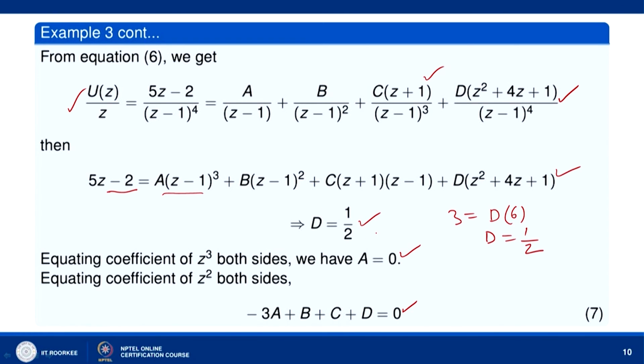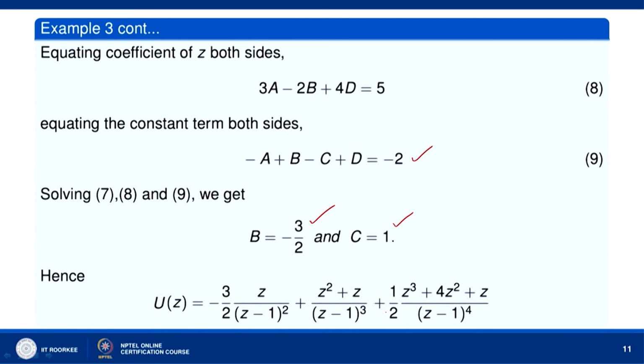So, U z equals minus 3 by 2 z over z minus 1 whole square plus z square plus z over z minus 1 whole cube plus half z cube plus 4 z square plus z over z minus 1 to the power 4, and now take the inverse z transform.